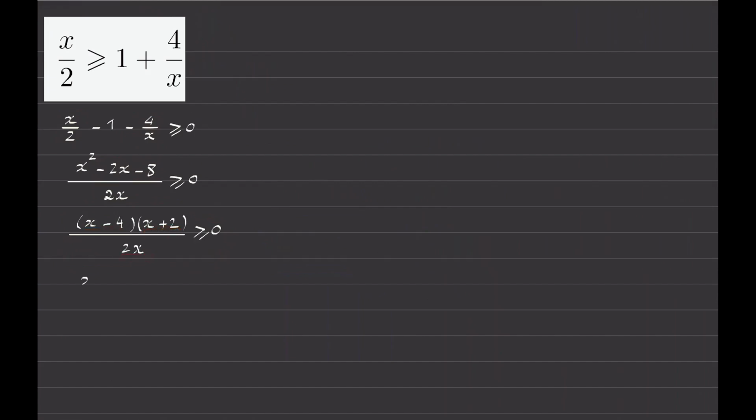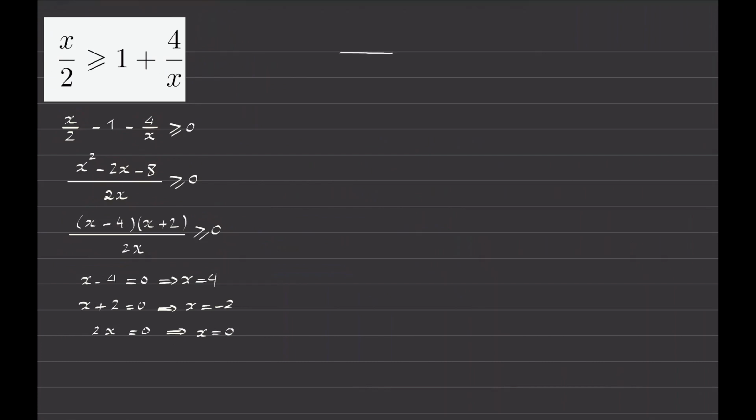So I put x minus 4 equals 0, and then I get, of course, x equals 4, and then x plus 2 equals 0. Then I get x equals minus 2, and then I put 2x equals 0, and I get x equals 0. So I have 3 roots that I have to take care of.